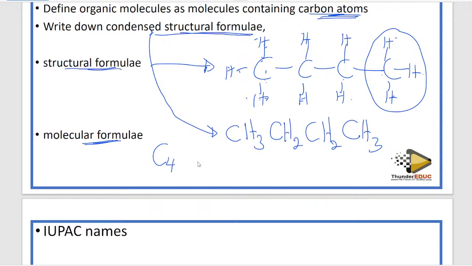So I have 10 hydrogens. So this one becomes the molecular formula. This one becomes the condensed structure formula, where I don't show the bonds, while this one becomes the structure formula, where you show all the bonds.